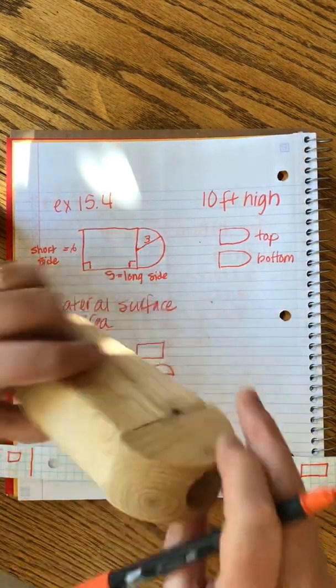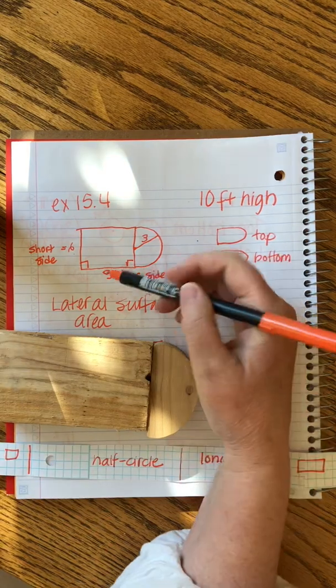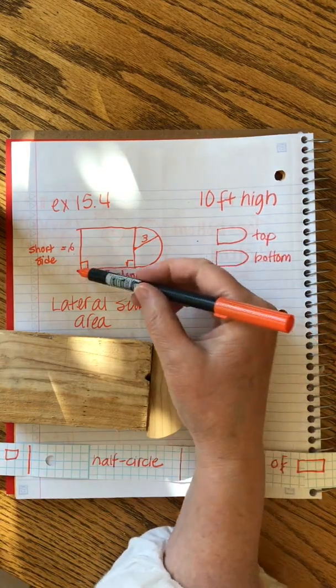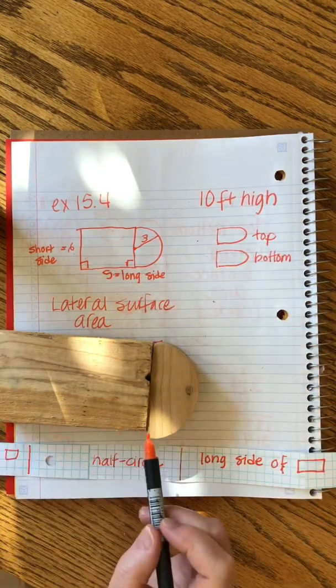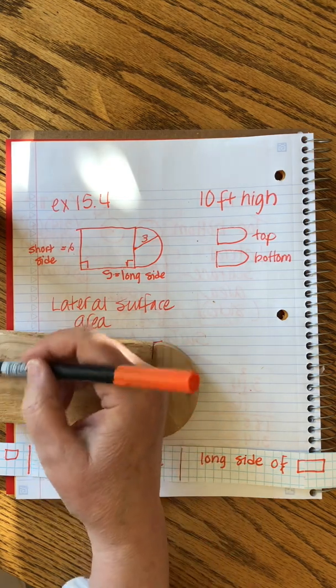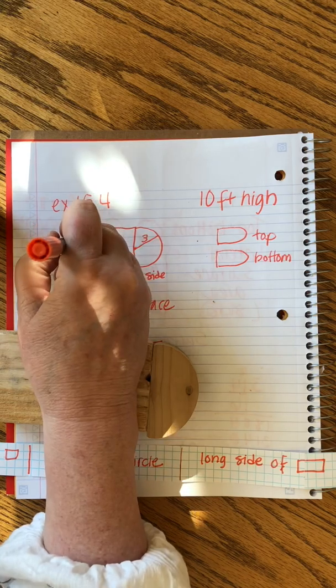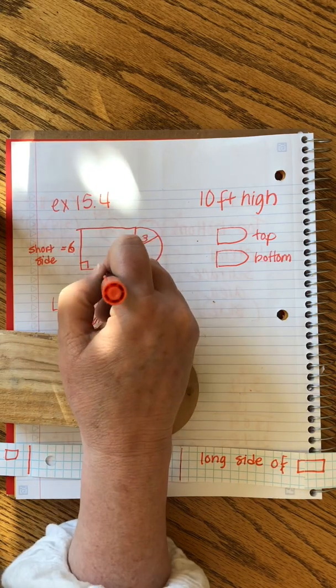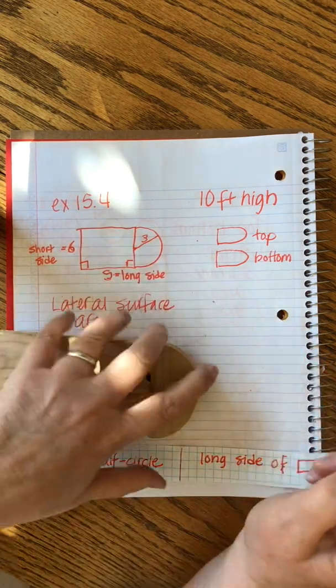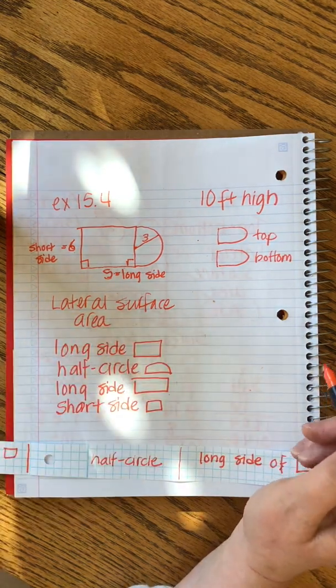Here, let me move it so it looks the same. What I'm calling the long side is the side that connects to the rounded shape, and what I'm calling the short side is opposite, right? So the numbers don't really tell the same story, but those are the words that I'm using, so we'll be able to use it.